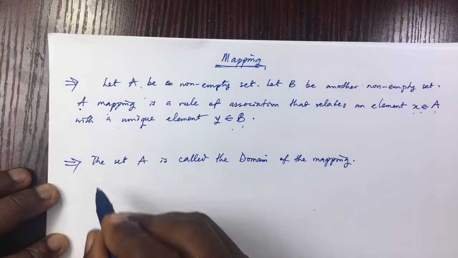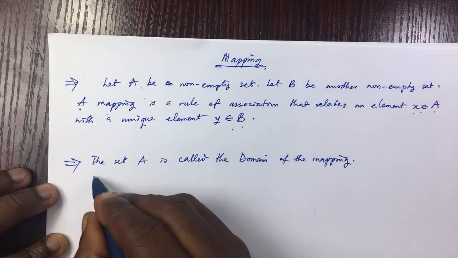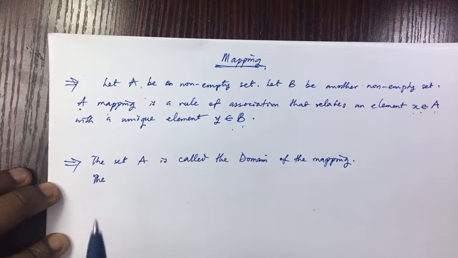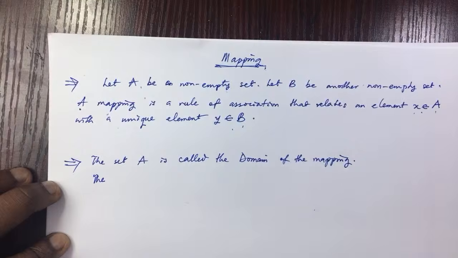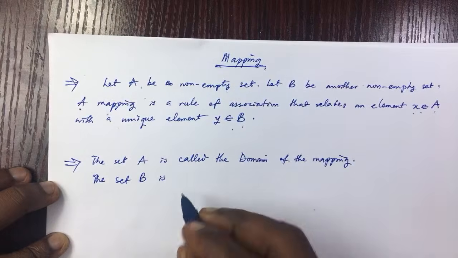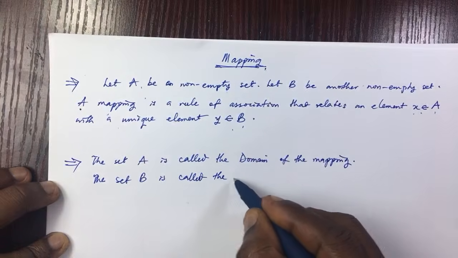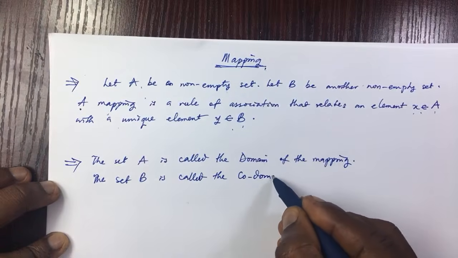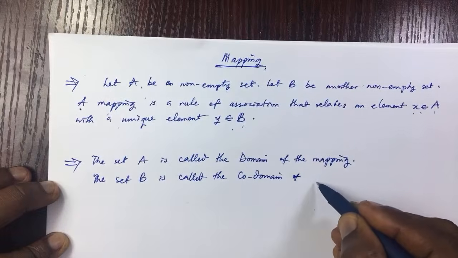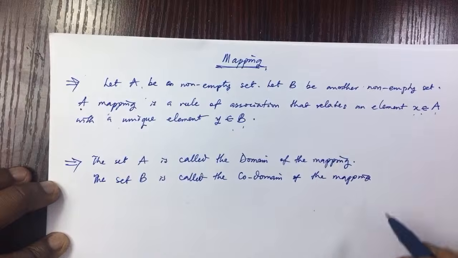Now, if A is called the domain of the mapping, what can we then call the set B? So the set B is called the codomain of the mapping. The set B is called the codomain of the mapping.